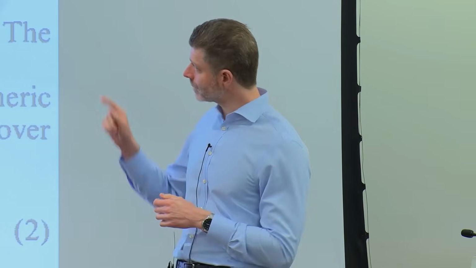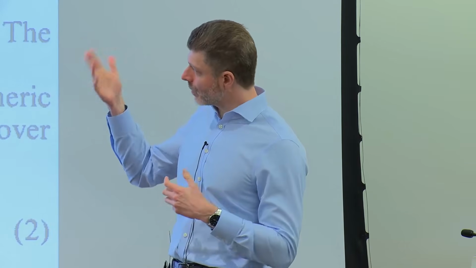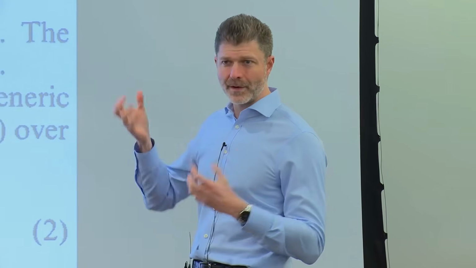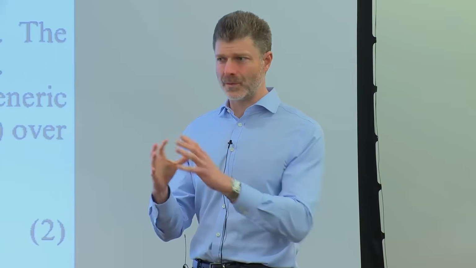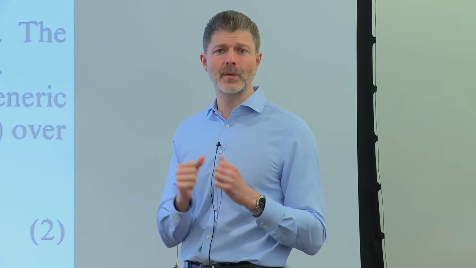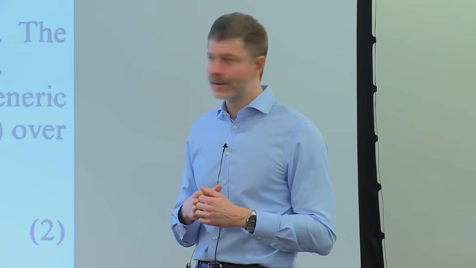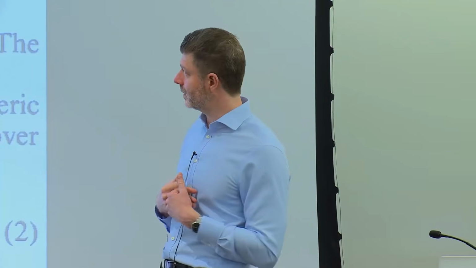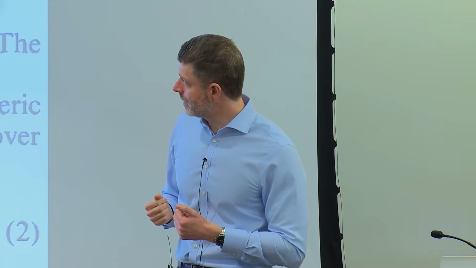We're assuming that one of those variables is something you particularly care about, in this case the shape, which you want to estimate. But there's also this generic variable or parameter, the illumination, that's going to affect whether or not the shape can explain the image.